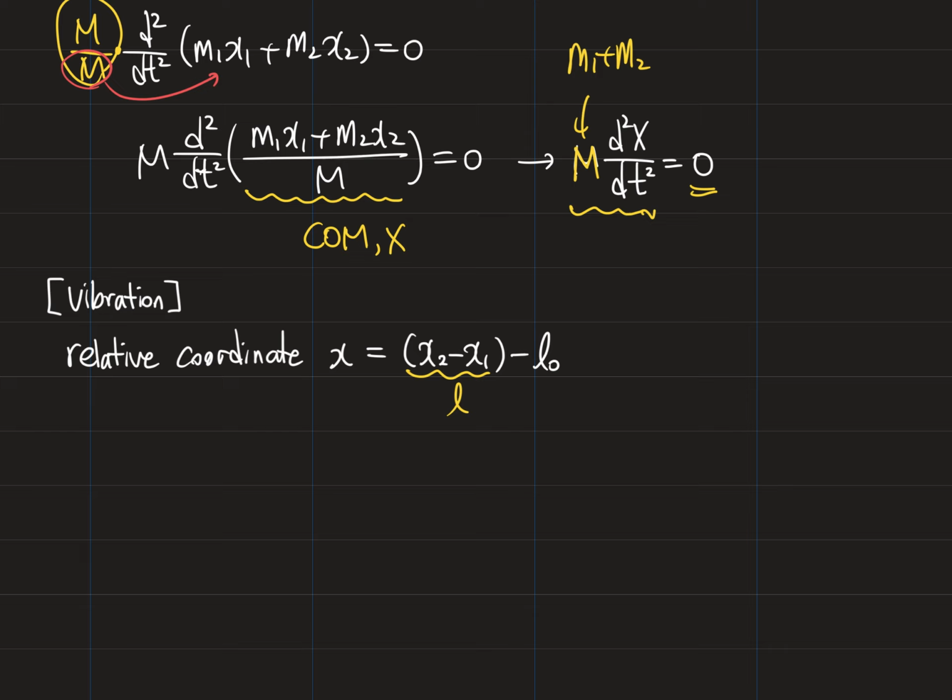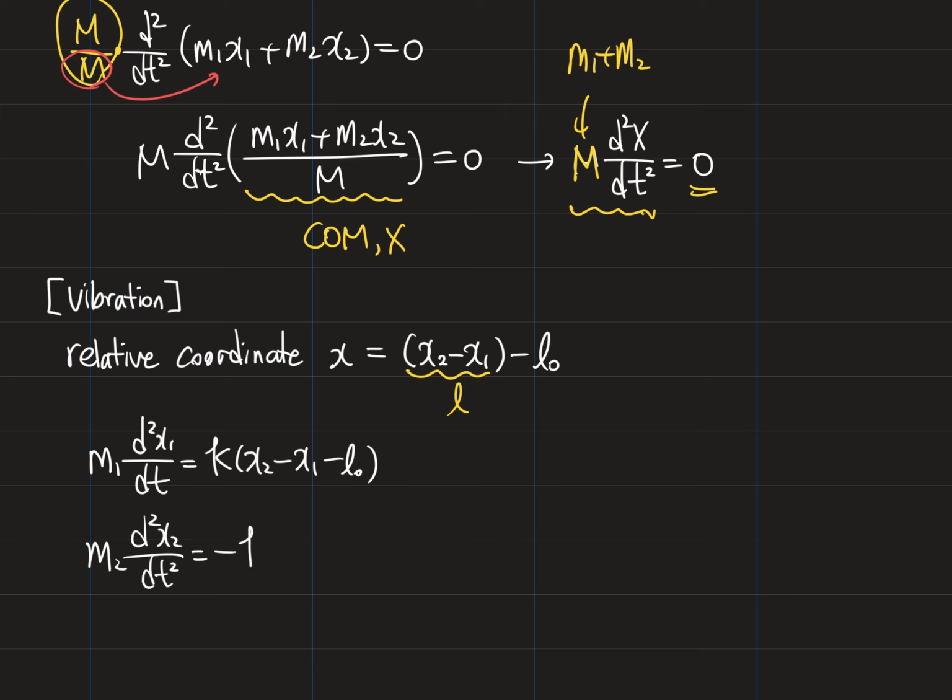So if we divide the equation, let's rewrite. So we have two particles and we have two equations of motion.